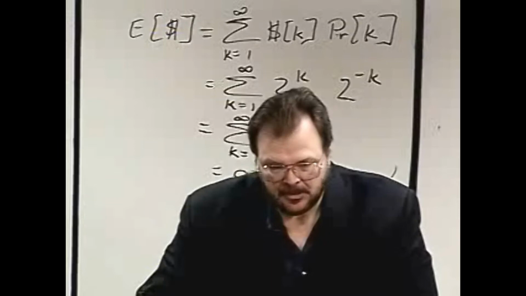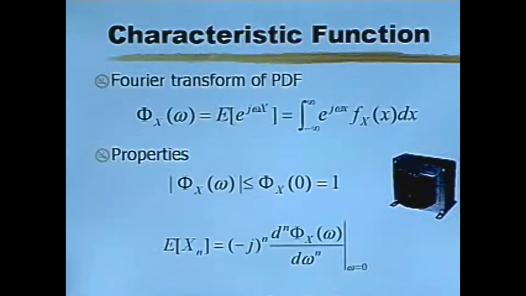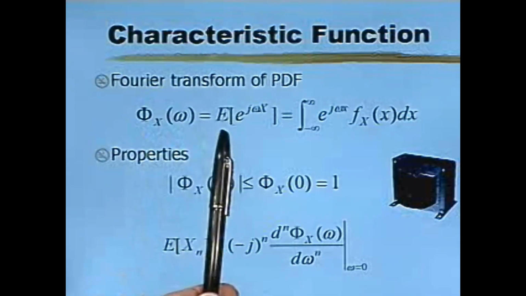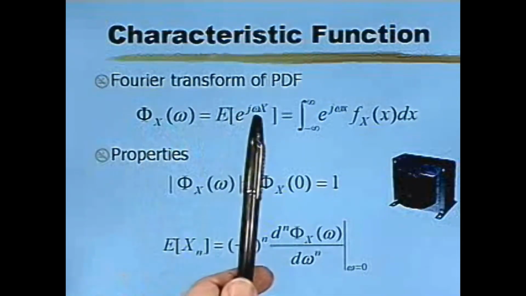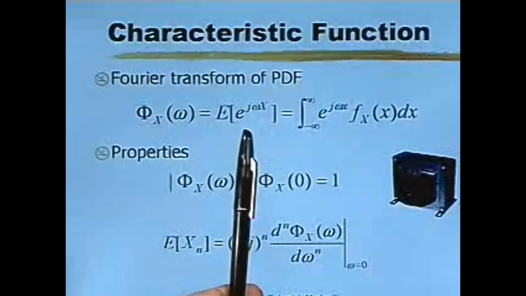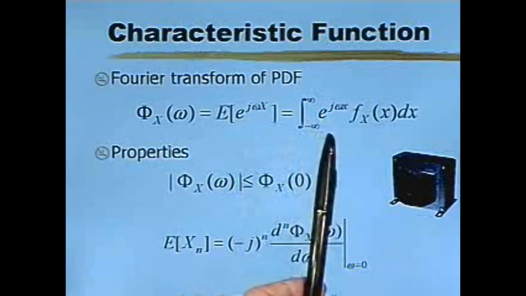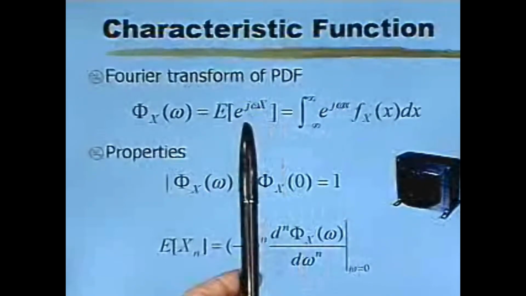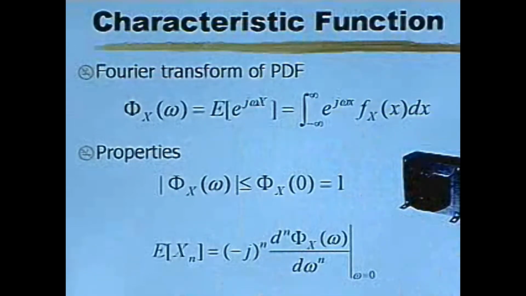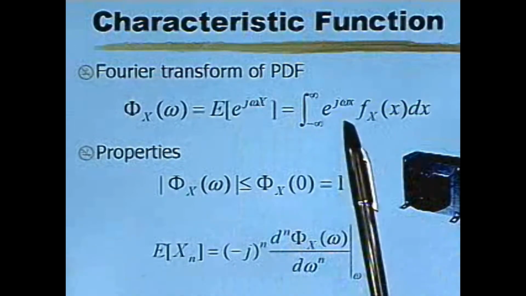Okay. Let's return now to those thrilling topics of probability and talk about characteristic functions. Characteristic functions, the mathematicians offer them as the expected value of e to the j omega x, and if you substitute this into the definition of the expected value, you get this expression. In other words, whatever we're taking the expectation of appears as the kernel over here. You'll notice that what we're left with is kind of the Fourier transform.